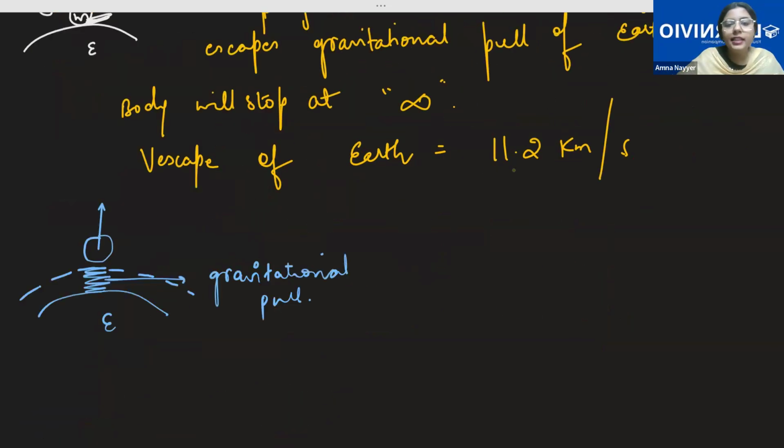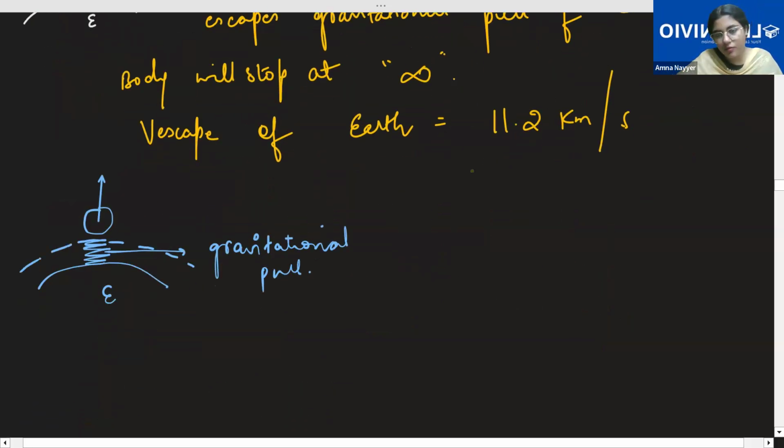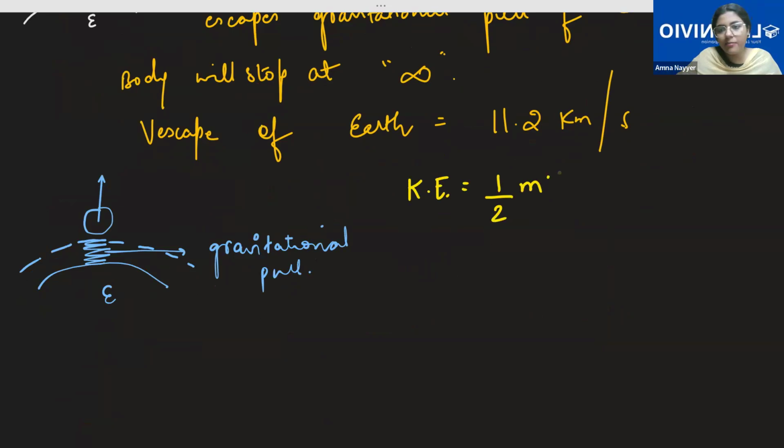All right. Now, when we are talking about the escape velocity of the earth, kinetic energy is equal to half m v e square, where v e is the escape velocity. Also, kinetic energy is equal to G capital M small m by 2R.